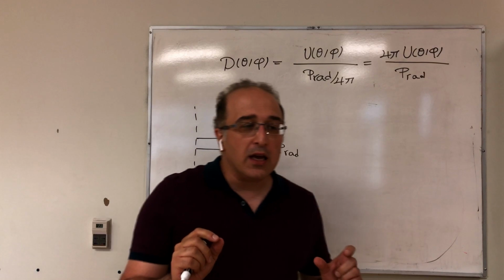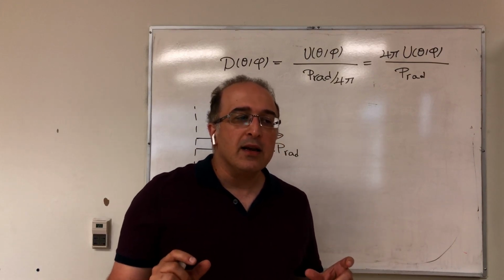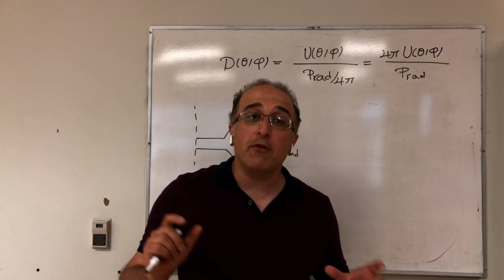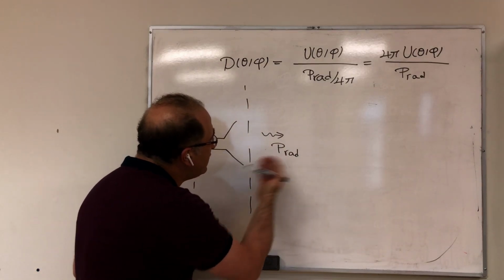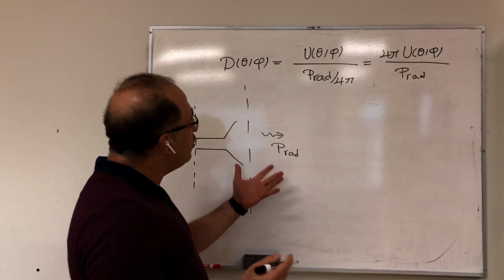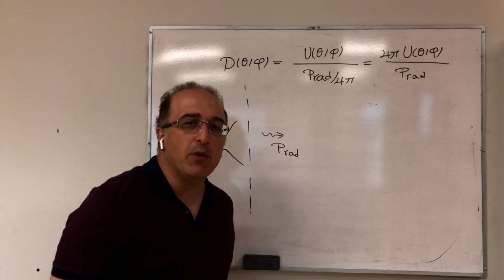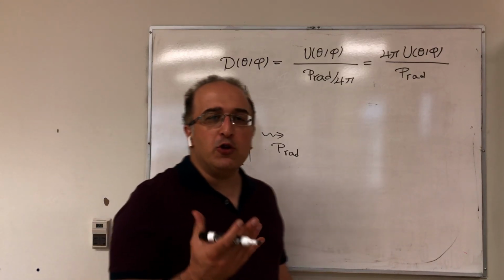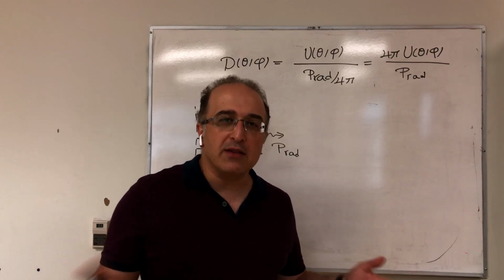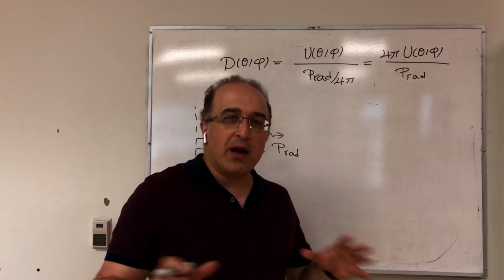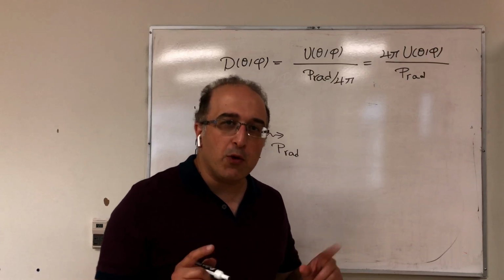But there is one thing about this that might not be completely comfortable. If you look at this P radiated, you need to know the total power radiated by your antenna. And how would you know that? Think about measurements. If you go by math, it's probably easy to calculate, but think about measurements.